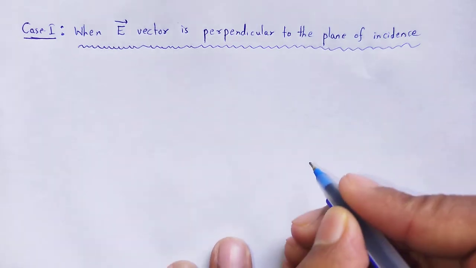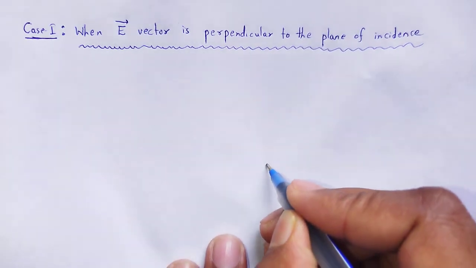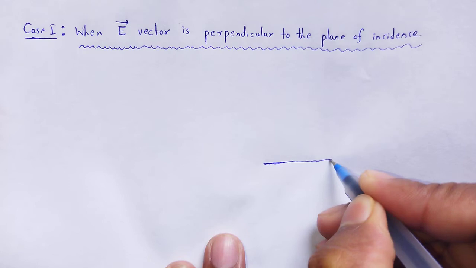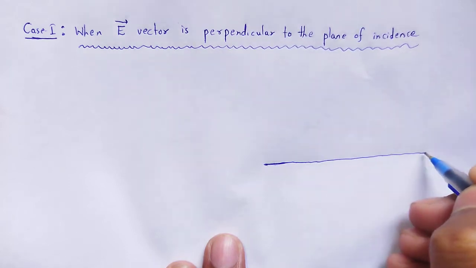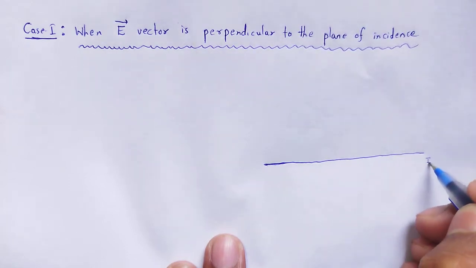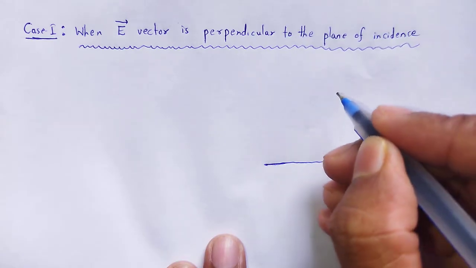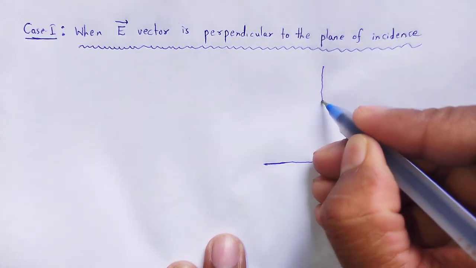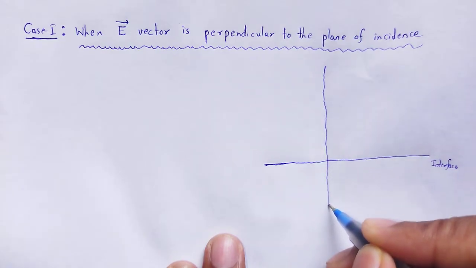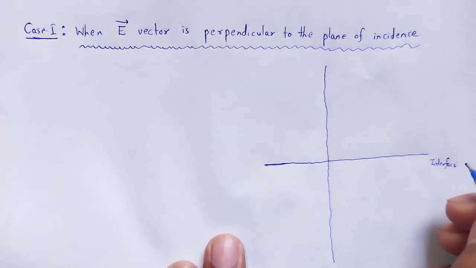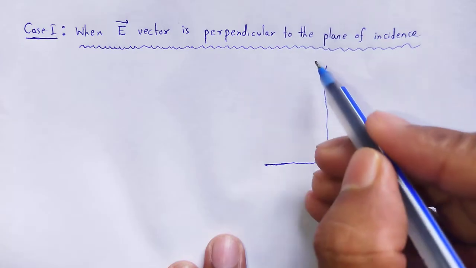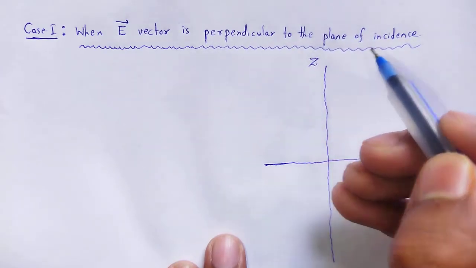Let us consider an interface. This is the interface. In a coordinate system, we denote it as x and z axis.